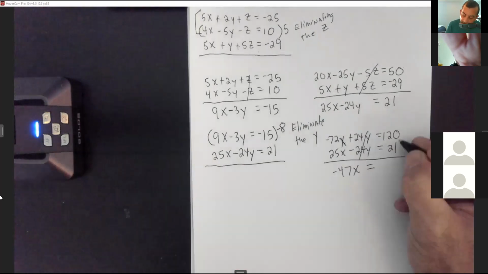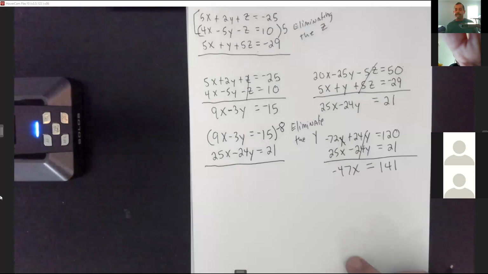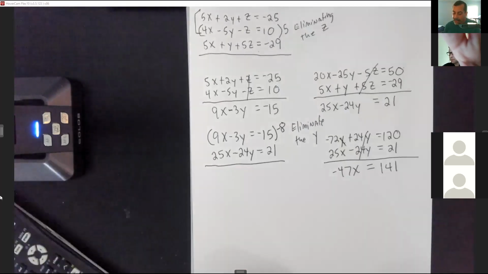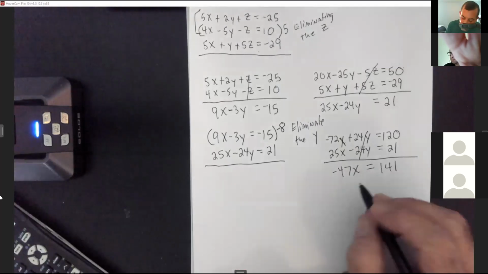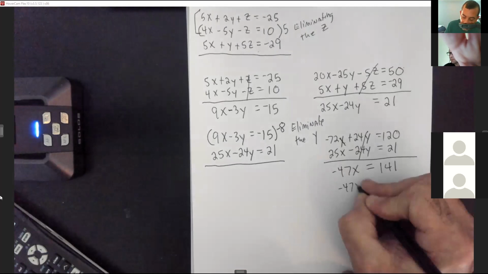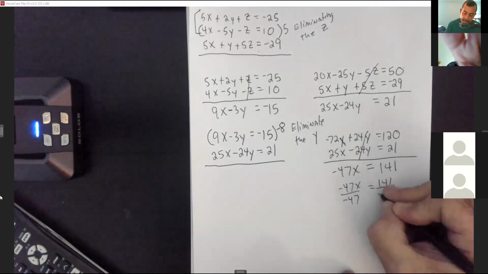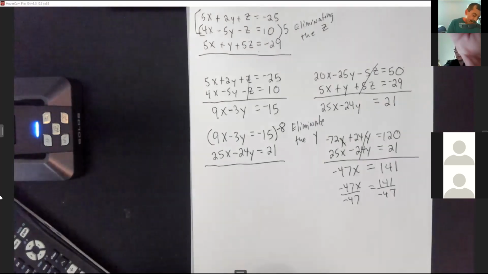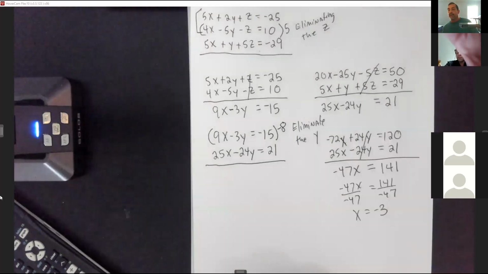This over here gives me a positive 141. So now that we've got one variable, one equation, we're going to solve that for x. Divide both sides by negative 47. 141 divided by negative 47 is going to let x equal negative 3.